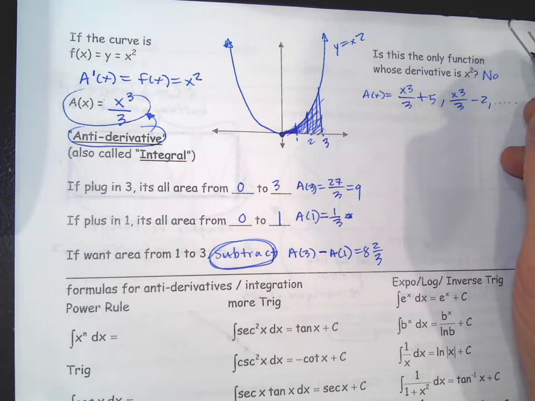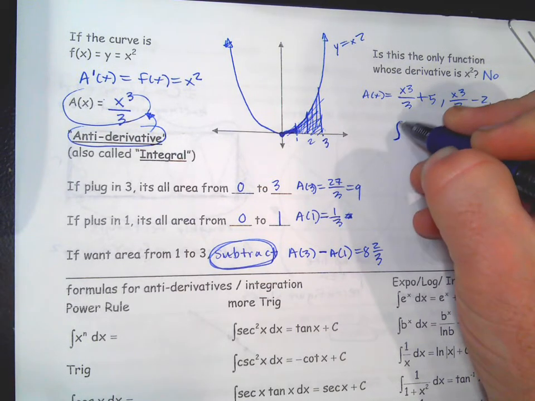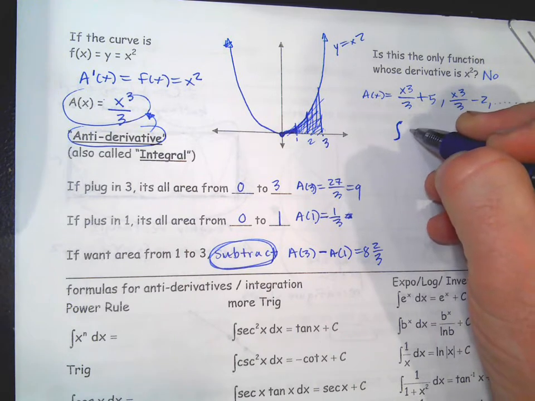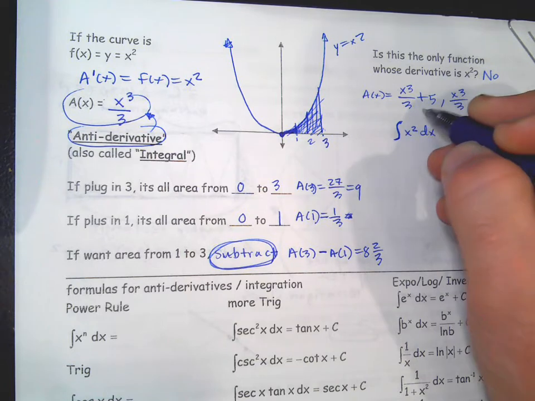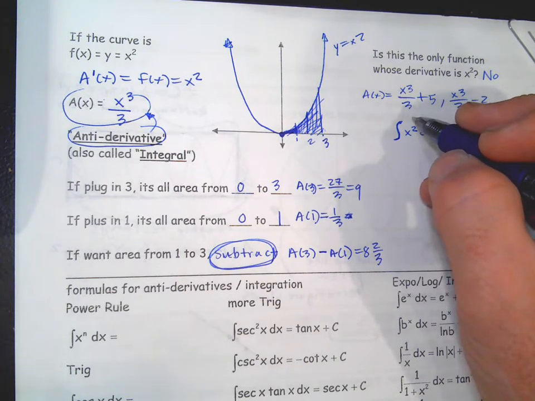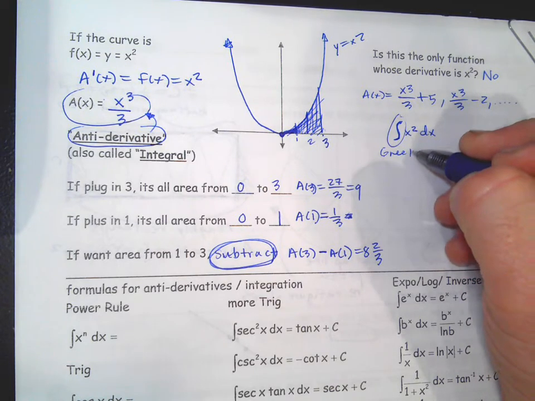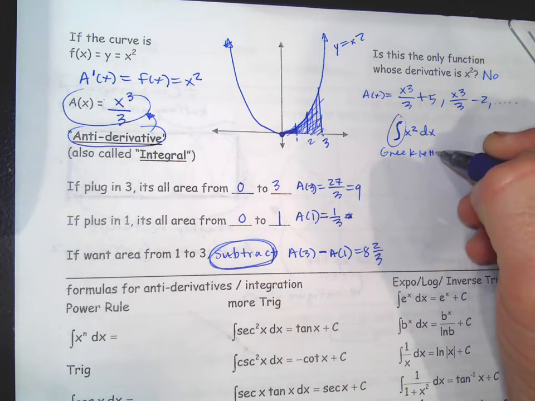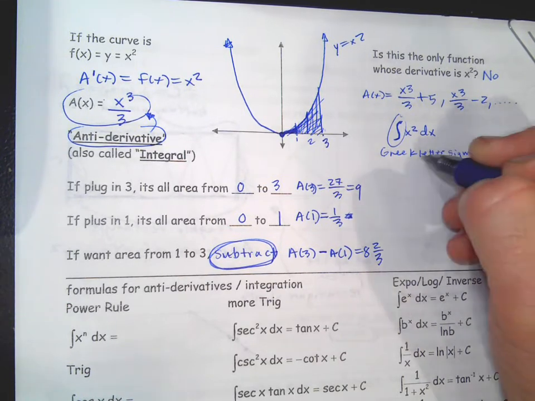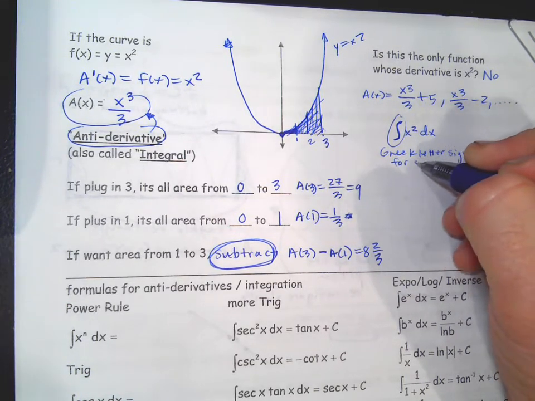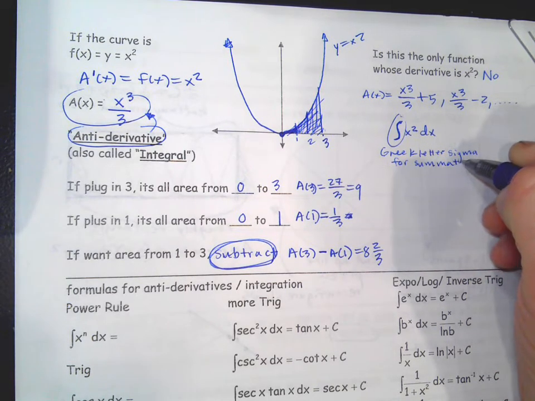Okay, so when we integrate, this is the symbol we're going to use for integrating. X squared dx, this is a Greek letter. I think it might be sigma, which we often use in math and even science classes to represent the sum of a bunch of smaller numbers, which is actually what we're doing here.